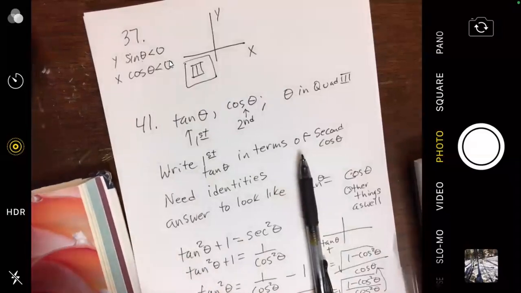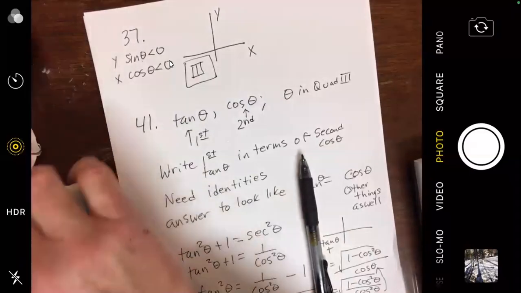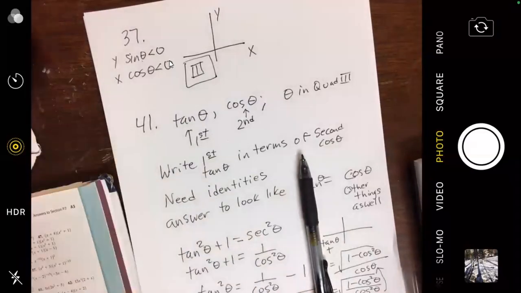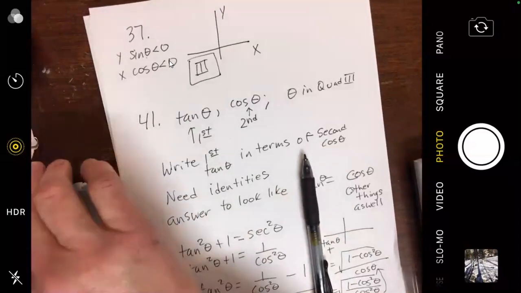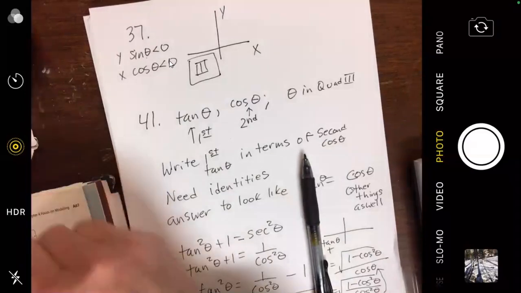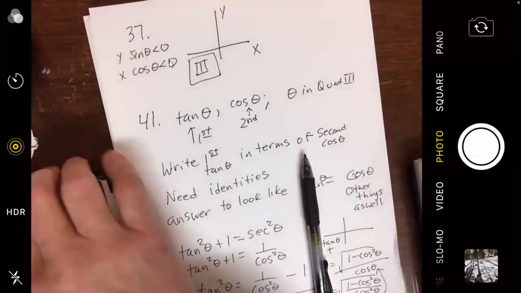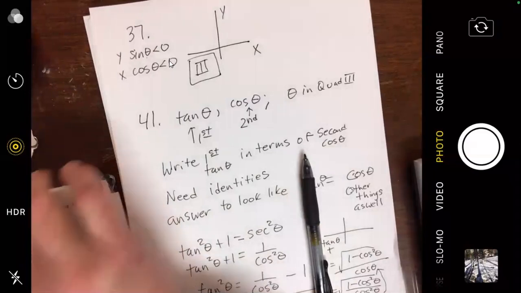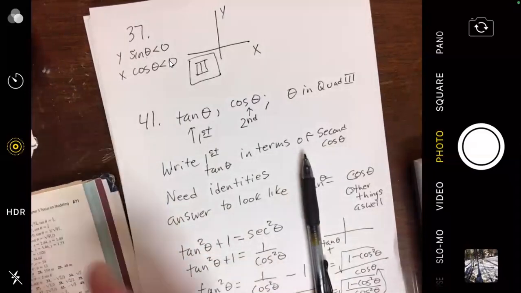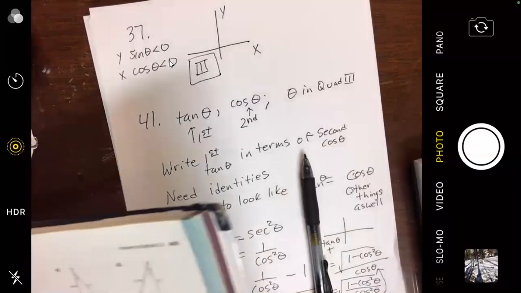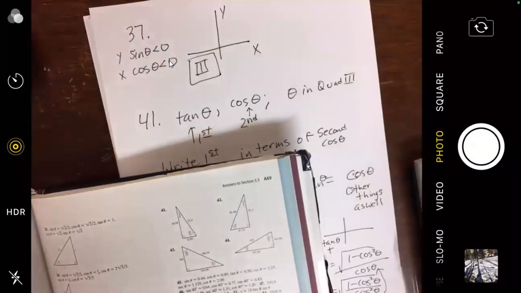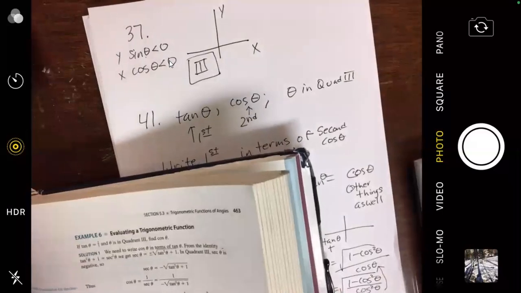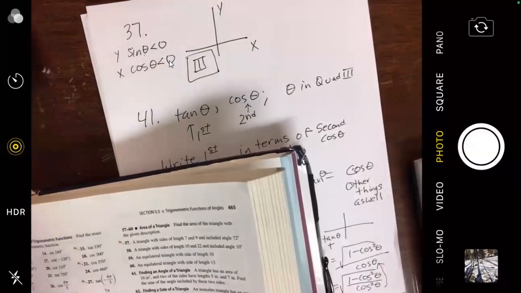5.3, it was 41. Yeah, there it is, except they got it negative. They didn't say quadrant 3, didn't they?